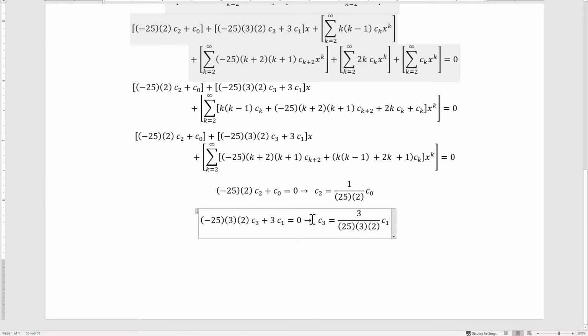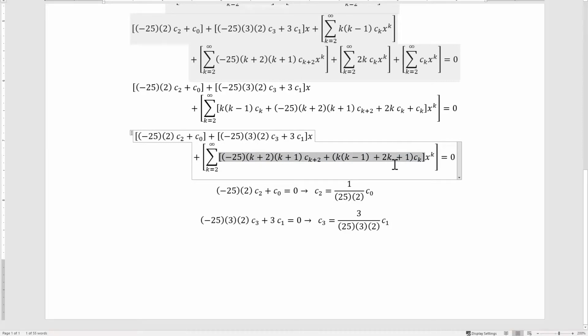Okay. So we have c sub 2 and c sub 3 in terms of c sub 0 and c sub 1. So c sub 0 and c sub 1 are probably going to be your arbitrary constants. And now we have this relationship equal to 0 for k values bigger than or equal to 2.